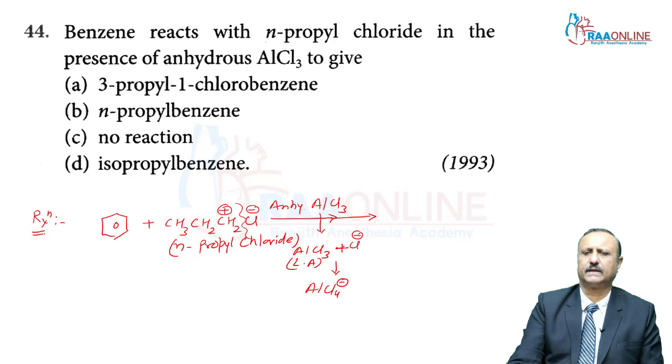So, this AlCl3 reacts with this chloride ion to form AlCl4 minus ion.